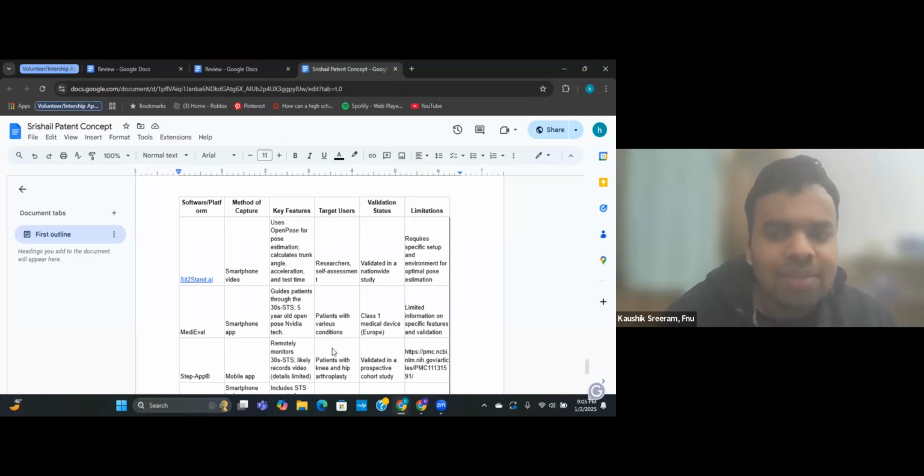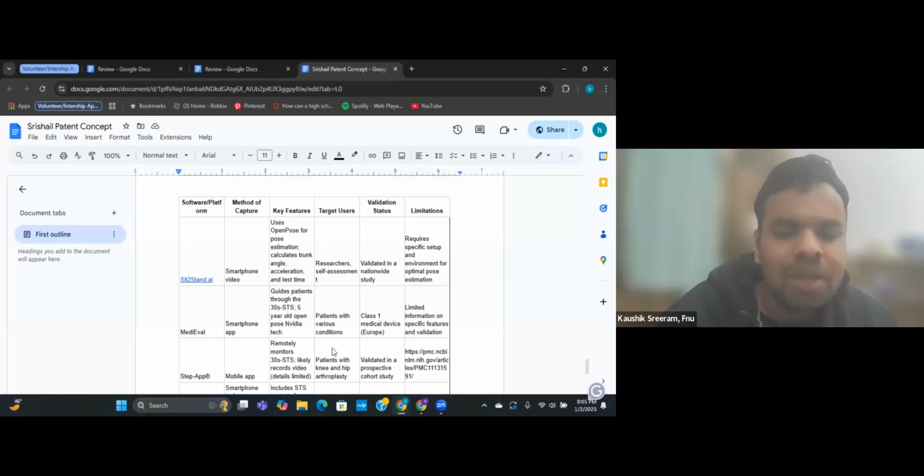Now, let's say I want to talk about sit to stand modernization. Then I'll talk about everything that is out there when it comes to sit to stand. This one is like 5 times repetition.